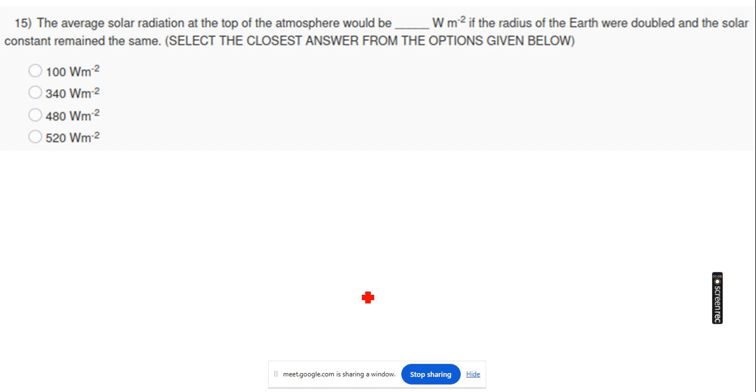Just to revise, the solar constant is basically the amount of solar radiation reaching the top of the atmosphere per unit area.